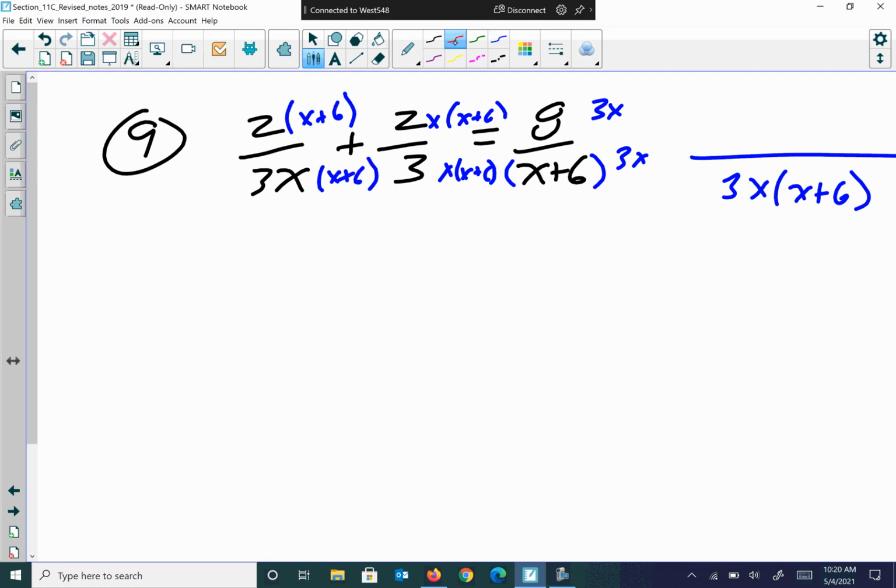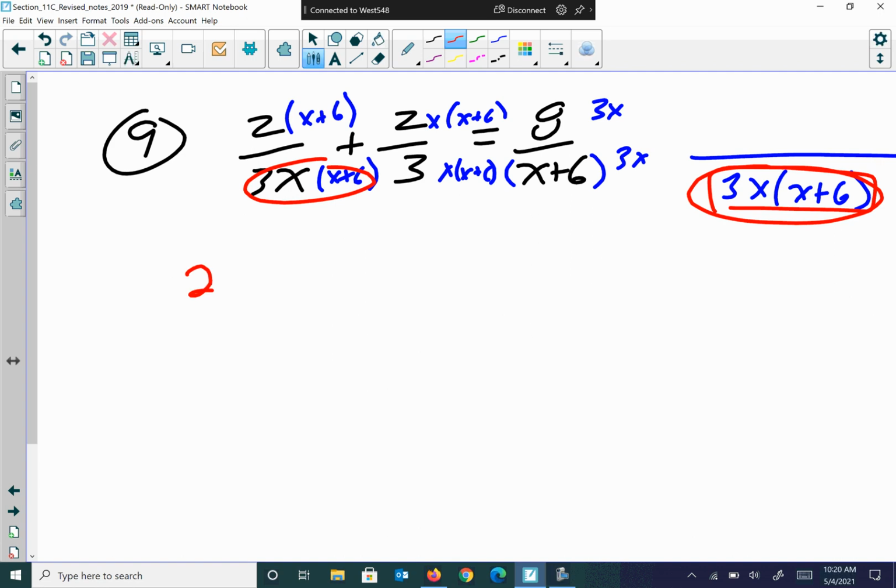Okay. So theoretically, this is being multiplied by all 3 of those terms. So this is going to cancel out, because I'm basically multiplying by that.